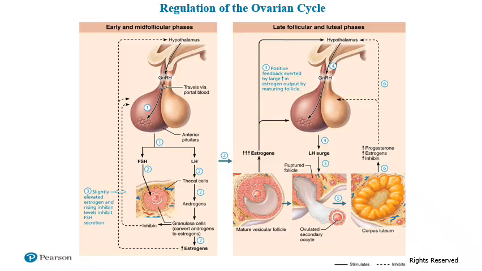The estrogen, together with inhibin, which is produced by the ovary, will have a negative feedback that would stop the production of LH and FSH if the estrogen level is already too high.